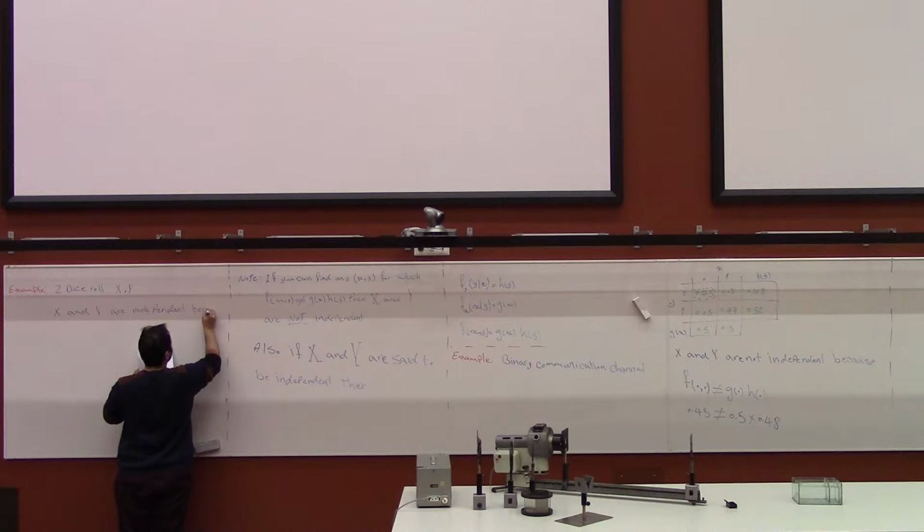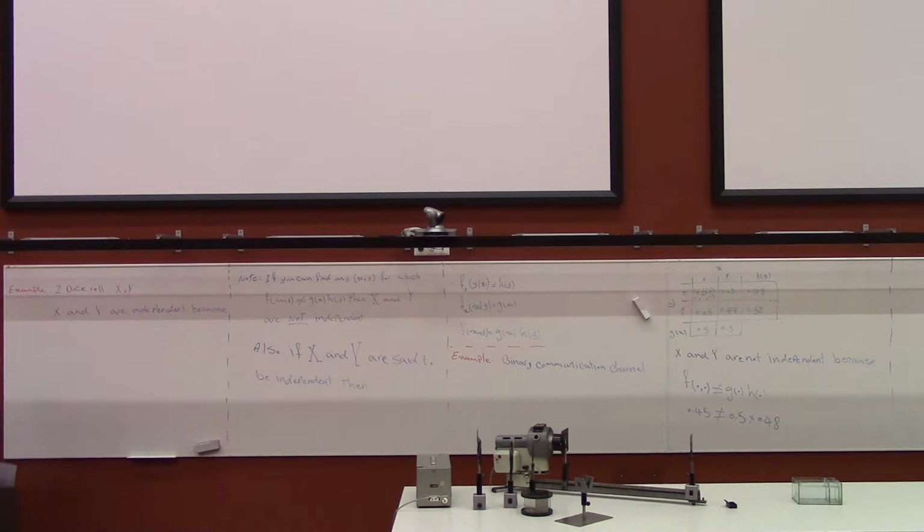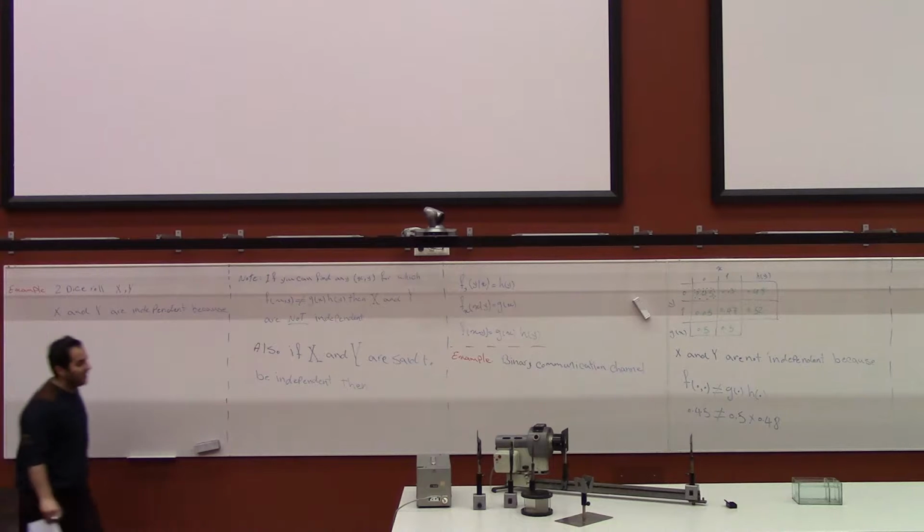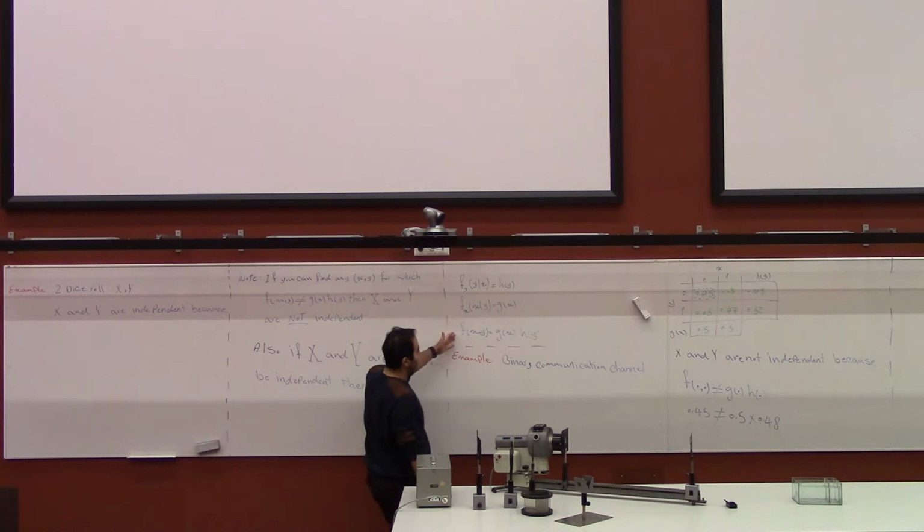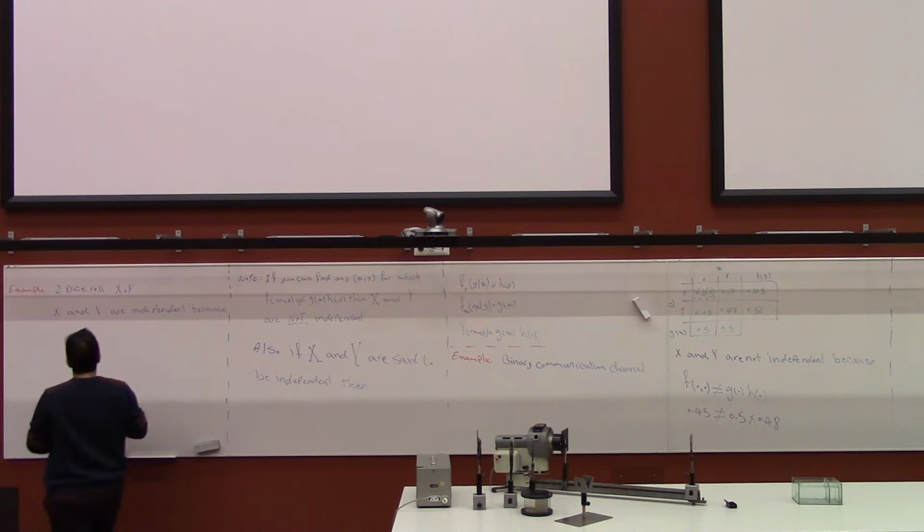because here we said that if X and Y are independent, we have to show these properties.